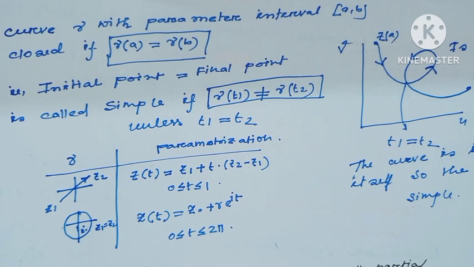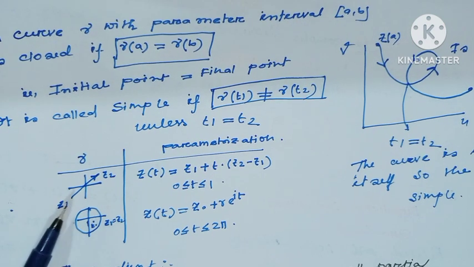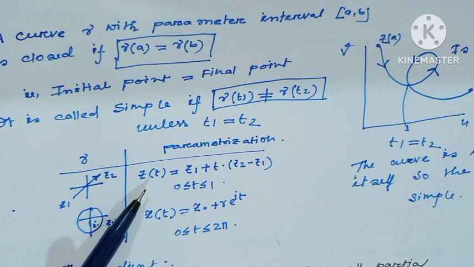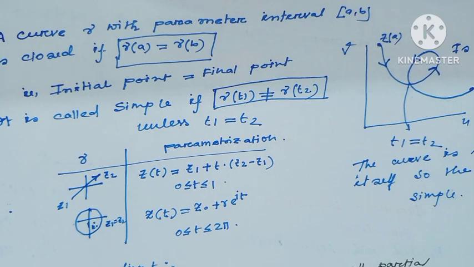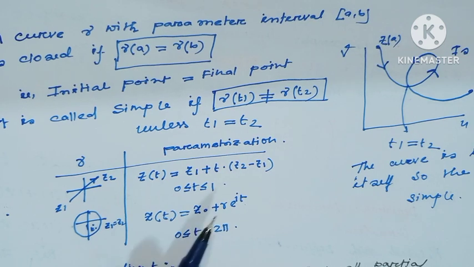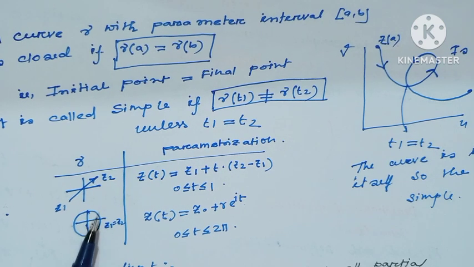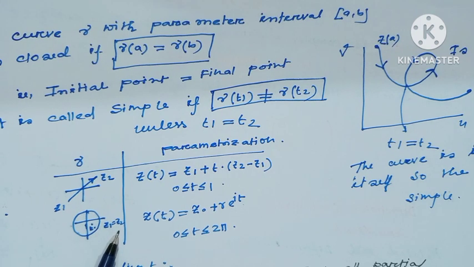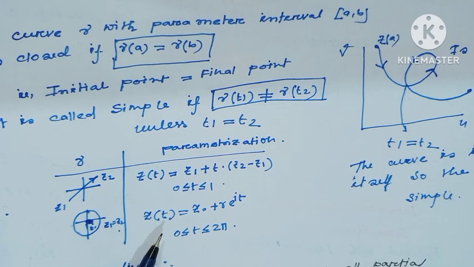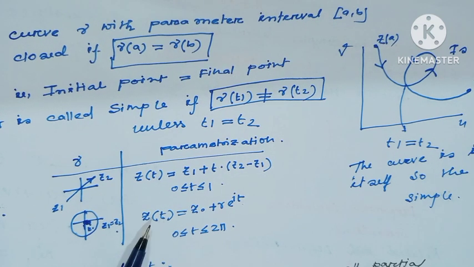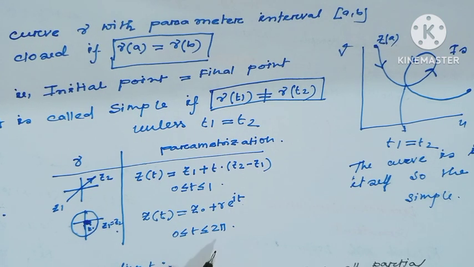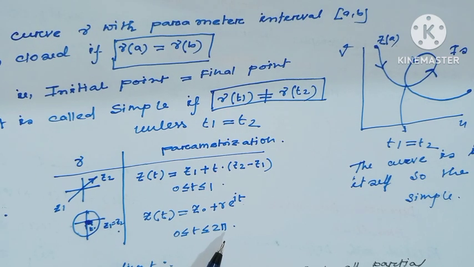Consider some parametrization curves. If we consider this straight line from z1 to z2, then the parametrization would be z(t) equals z1 plus t times (z2 minus z1), where t lies between 0 and 1. And if we consider this type of circle, where z1 equals z2 and the center is z0, then the parametrization is z(t) equals z0 plus r e to the power it, where t lies between 0 and 2 pi.